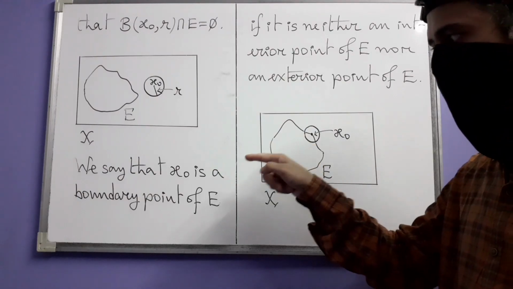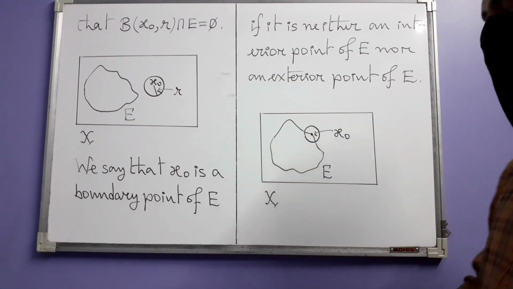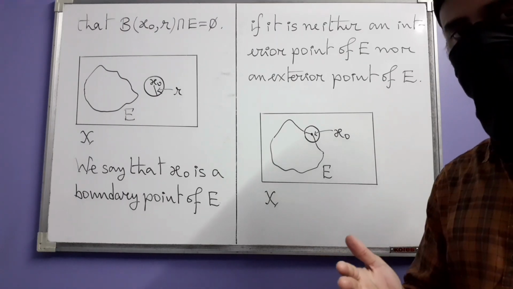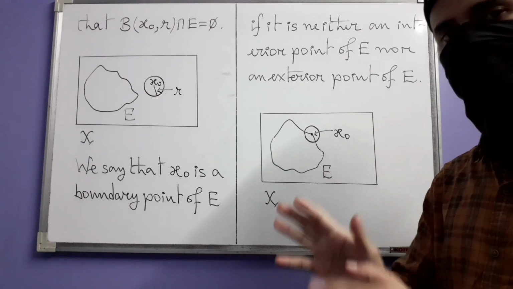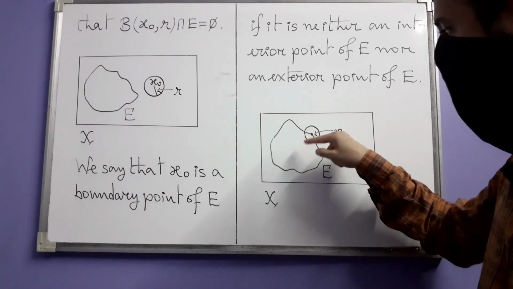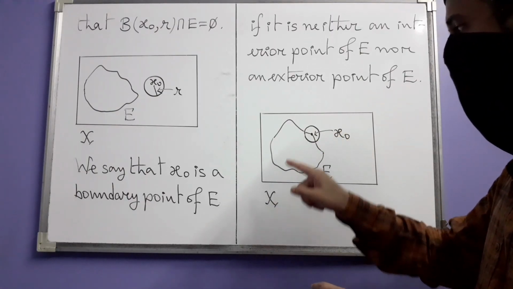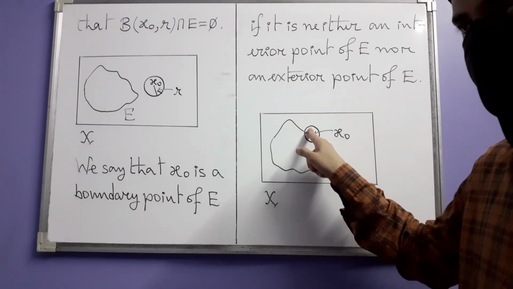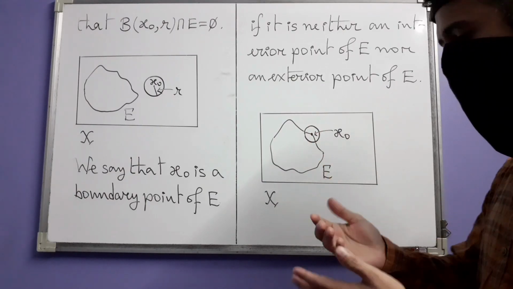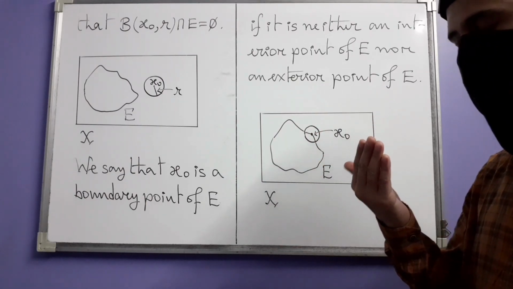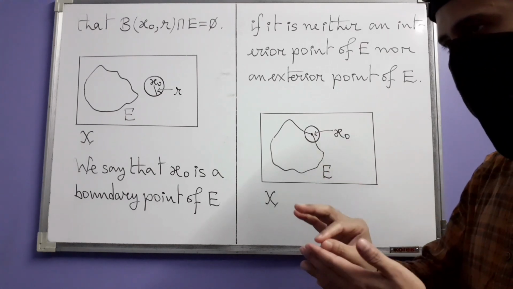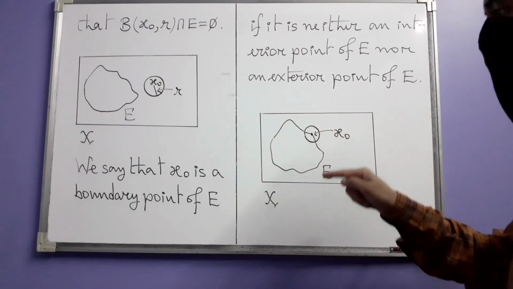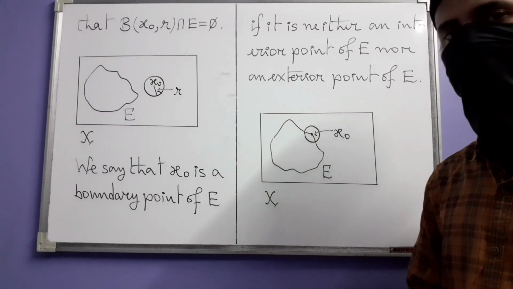Then only we are calling x naught a boundary point. This means that any possible ball you can imagine whose center is x naught with any radius must not lie entirely in E. That means it has to have points from outside of E, but at the same time must not be disjoint with E, which means that it also has to have something from within E. So that type of point x naught is called a boundary point of E.